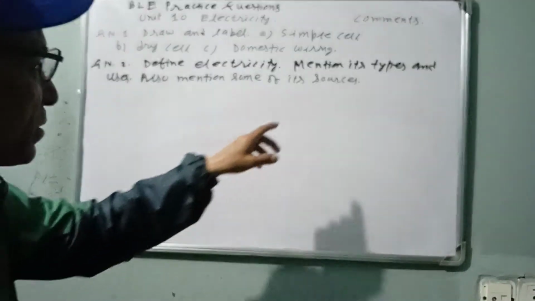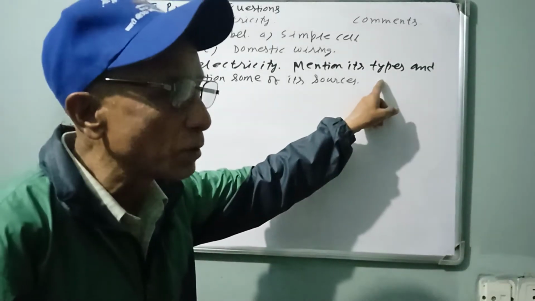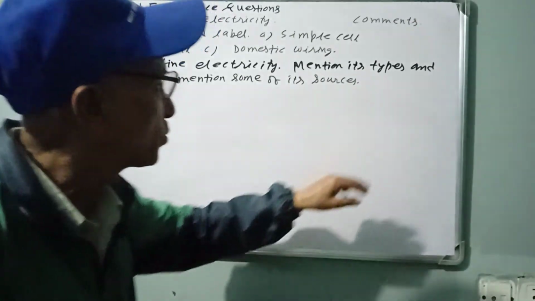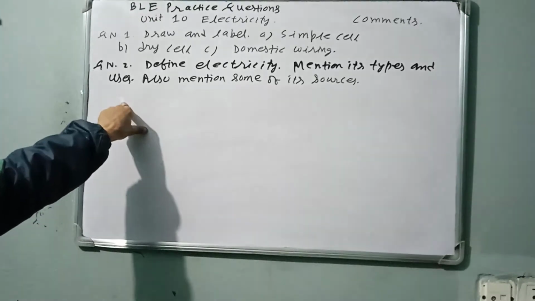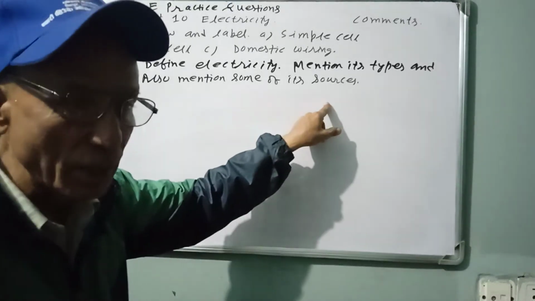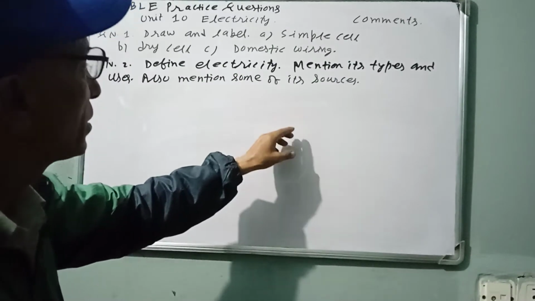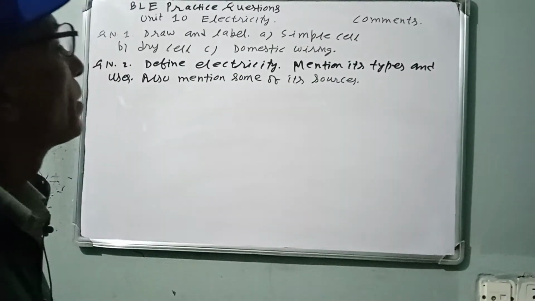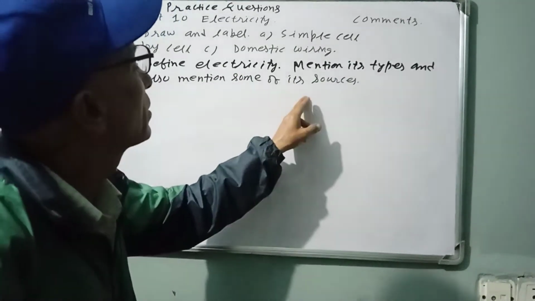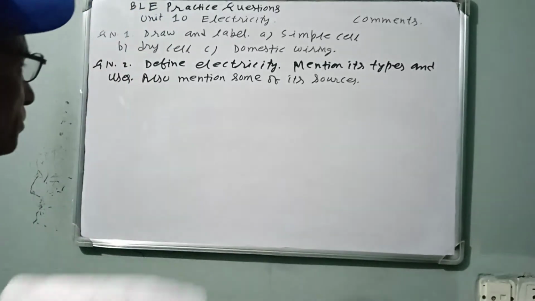Another is current electricity, which is due to the flow of electrons. It is more useful. You can write the uses yourself: electricity is very useful in different fields like electronic, electrical, agricultural, engineering, and many others.